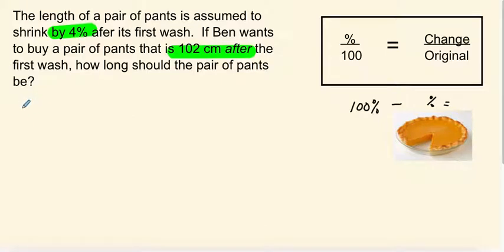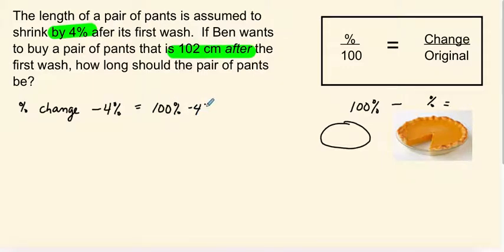We know that the percent change is going to be subtracting or going down 4%. But remember, I'm starting from the whole pie, and I'm just taking out the 4%. So that's really 100% minus the 4%, which means that the percent of the pie that we'll have is 96% of the pie.